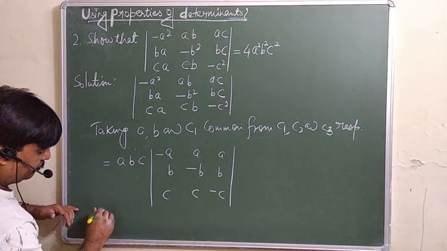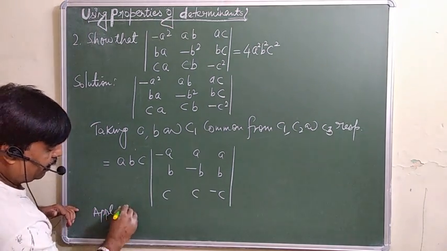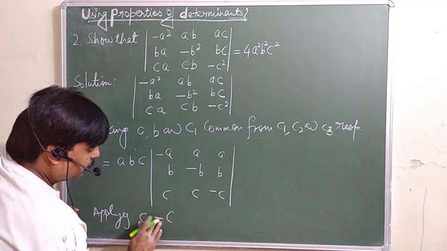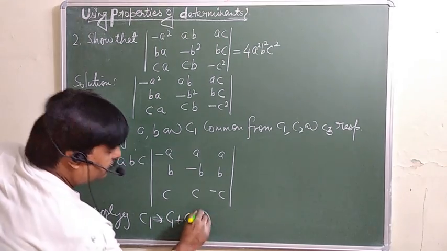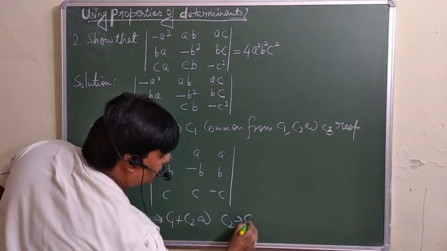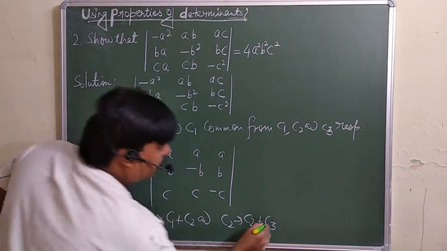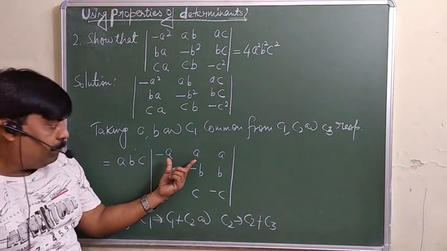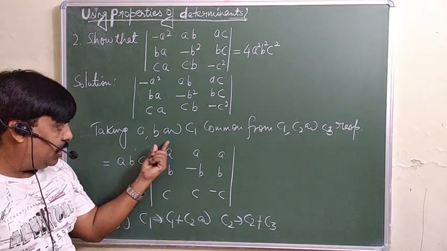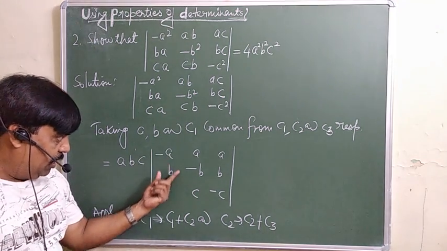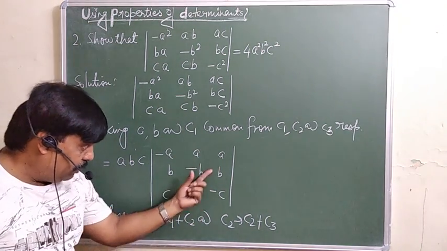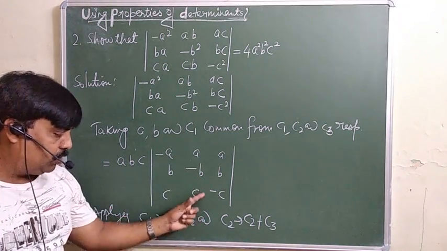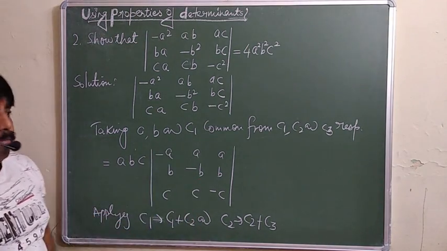Now applying C1 equals C1 plus C2, and in C2 we will add C3. See why we are doing this: here you will get 0, here you will get 0, and in the second one you will get 0 here and 0 here. So our target is to make the maximum zeros.